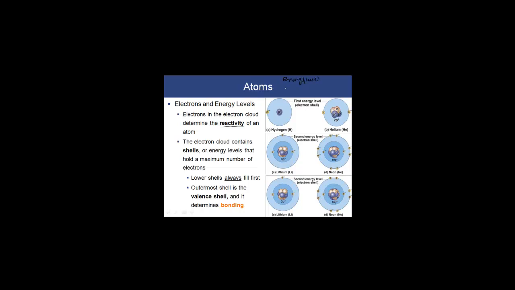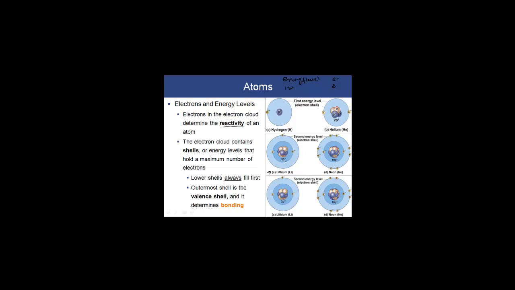Energy level, okay, the first can hold 2 electrons. If you look at lithium, for instance, right here, lithium has an atomic number of 3. That refers to 3 protons in the nucleus and 3 electrons in the electron shell or electron cloud.